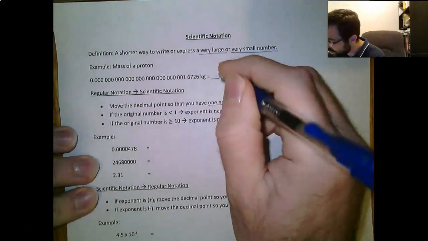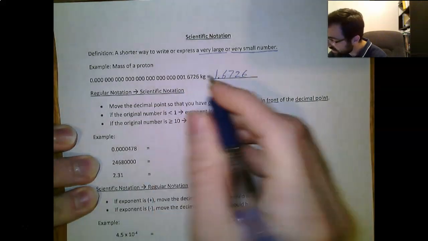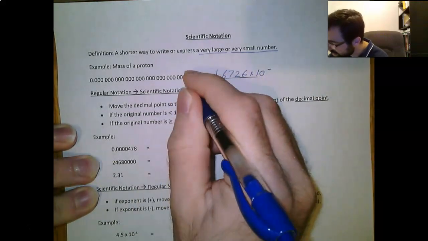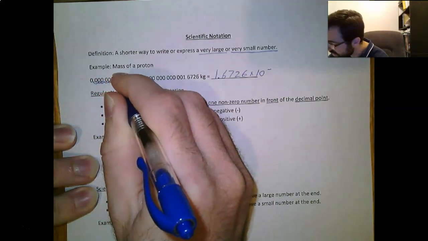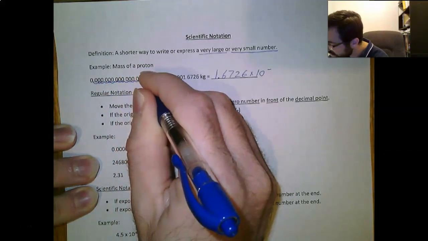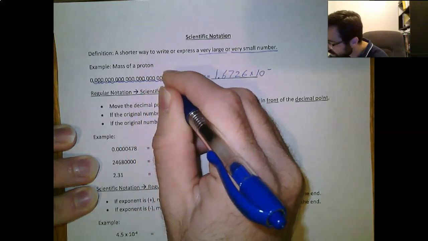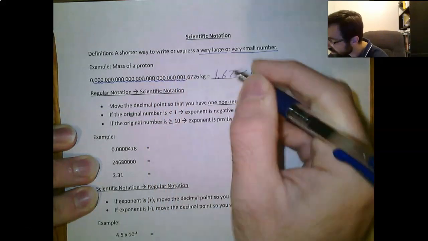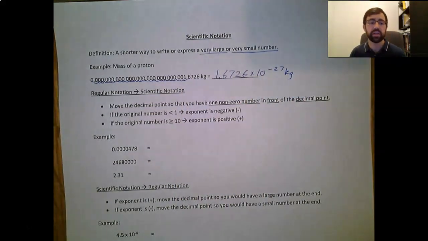I could call this 1.6726 times 10 to the negative, and let's see, it's 1, 2, 3, 4, 5, 6, 7, 8, 9, 10, 11, 12, 13, 14, 15, 16, 17, 18, 19, 20, 21, 22, 23, 24, 25, 26, 27 kilograms. Okay, same number. I just wrote it a different way.